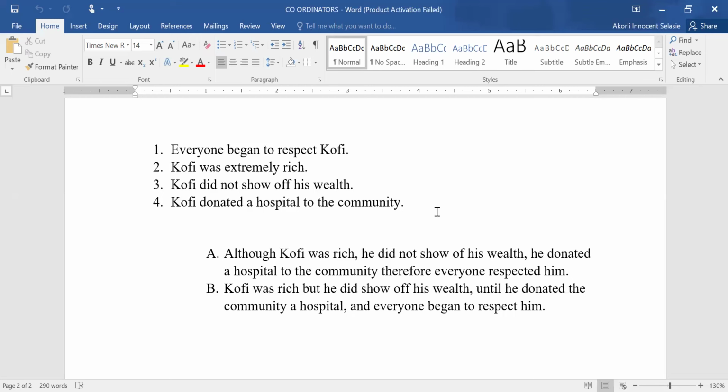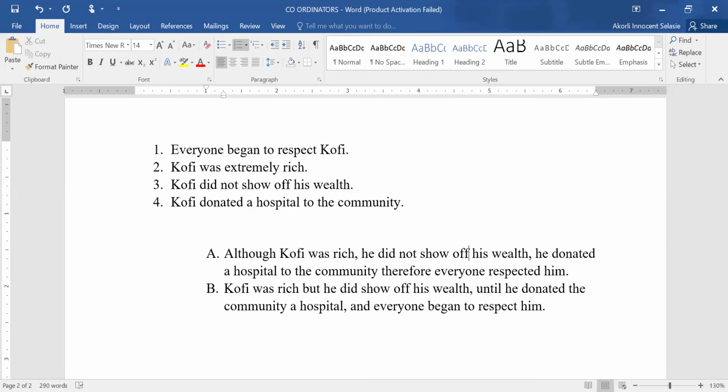Although Kofi was rich, he did not show off his wealth. He donated a hospital to the community and everybody respected him. Or therefore everybody respected him. Everyone respected him. So in place of therefore, you can also use and.